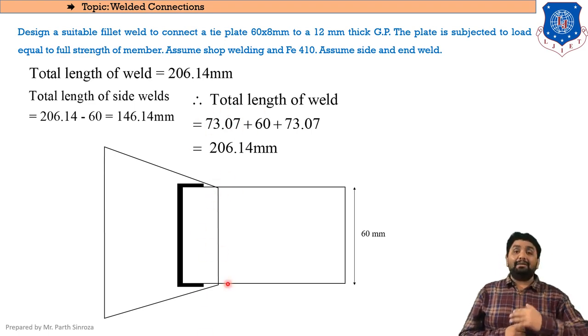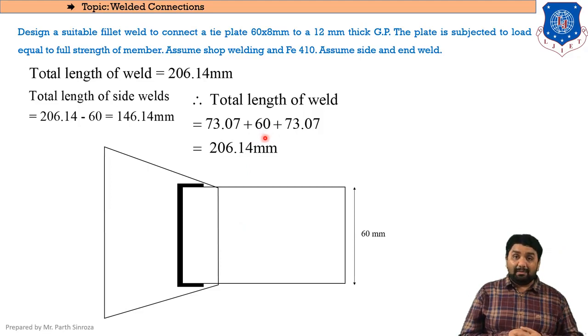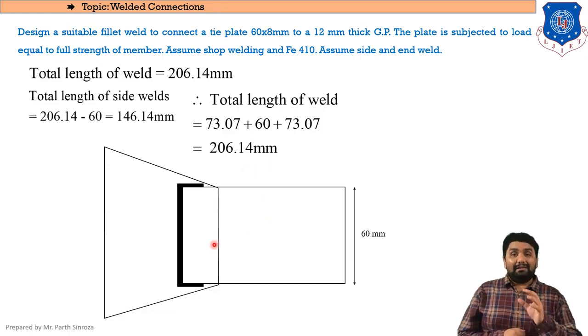So on one side we weld up to 73.07 mm, we completely weld the end, that is 60 mm, and on the lower side again 73.07 mm. So the total length again will be the same. In both the criteria, the one discussed in the last lecture and the one discussed now, the total length will be the same.